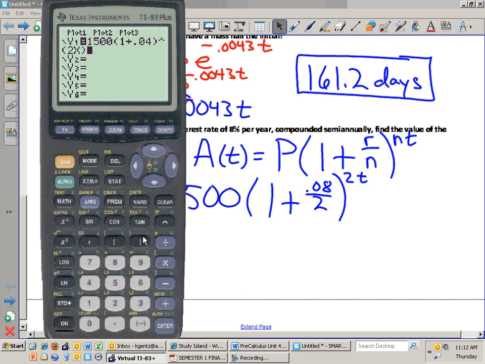There we go. So that's my function. Now I can calculate at any specific time. So 5, 10, and 15 years. If I go to my table, there I have it. 5, 10, and 15 would be 2,220, 3,286, and $4,865, respectively, is what I would have after 5, 10, and 15 years.